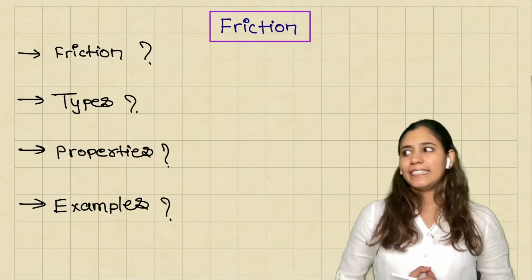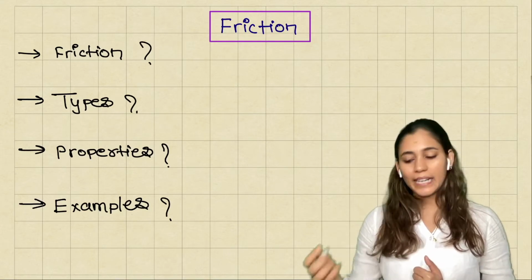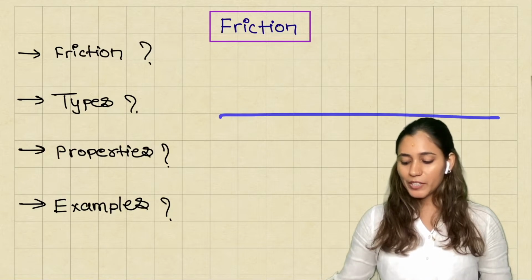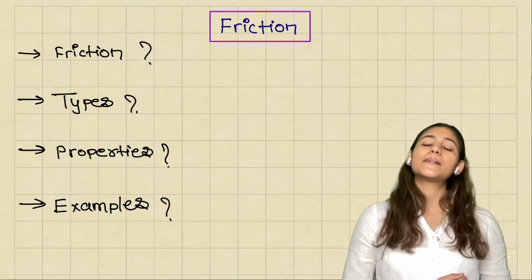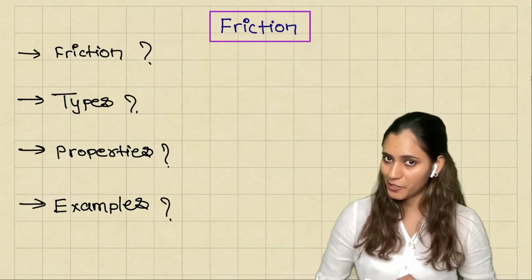Now, if we say what is friction, simply we can say that if we have any object which is either moving or has the tendency of motion.